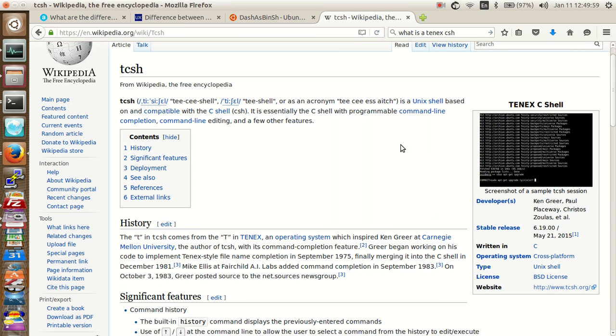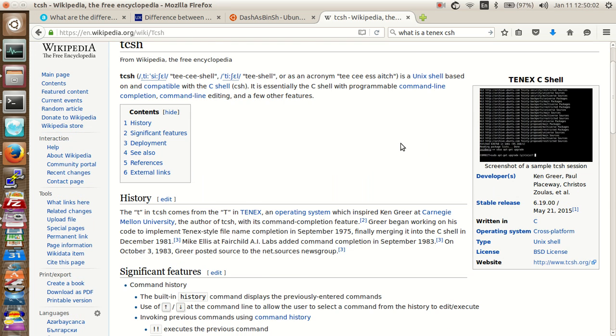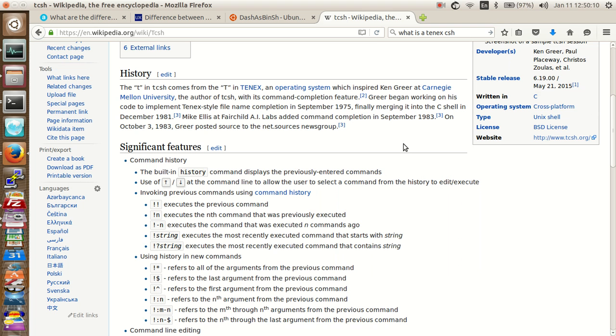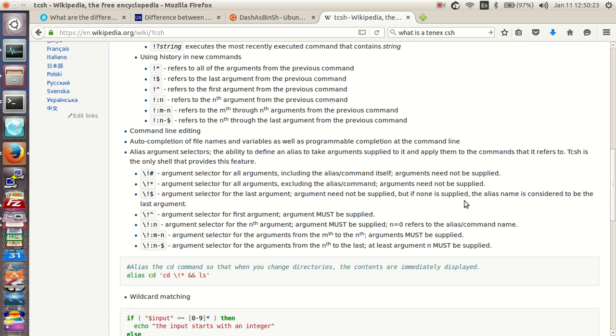The T in TC shell comes from Tenex, an operating system put together by DEC. There's a built-in history, use of the up and down arrows, invoking previous commands using the command history, and using history in new commands. Also command line editing. There are a number of things there that you might want to take a peek at.